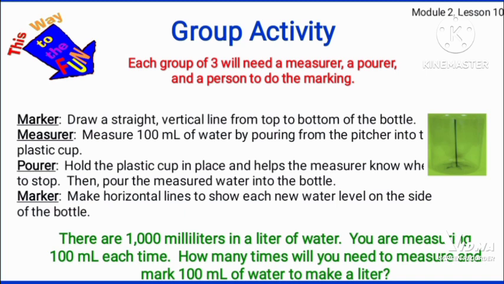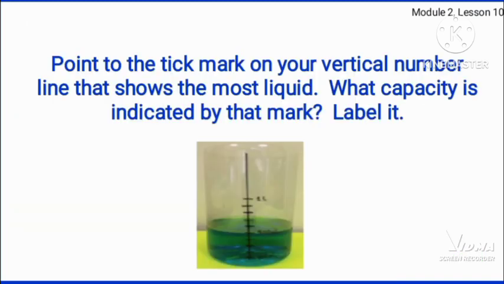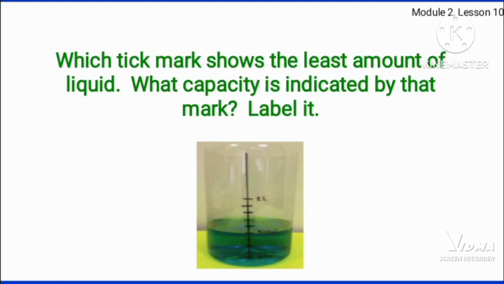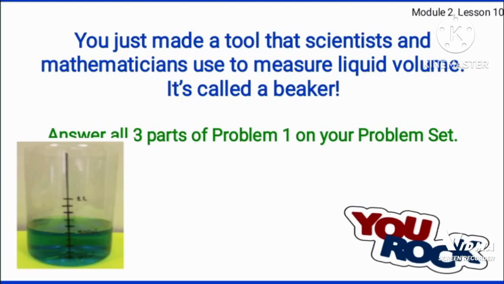Alright, so that is how we'll do it. It's like I'm showing you on the screen now. And you're going to label it, the first 100 milliliters, second one 200, until you get to 1 liter. And then we can start reading it off.